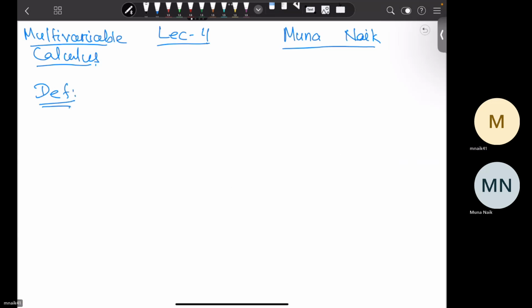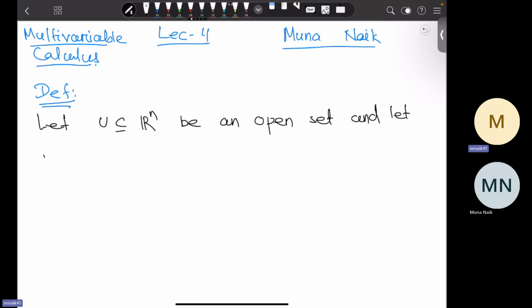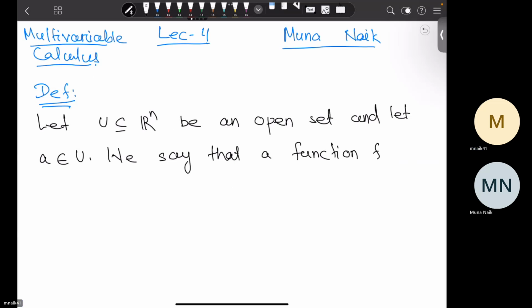Definition. So let U subset of Rn be an open set, and let A belong to U. Let f be a function from U to Rm.